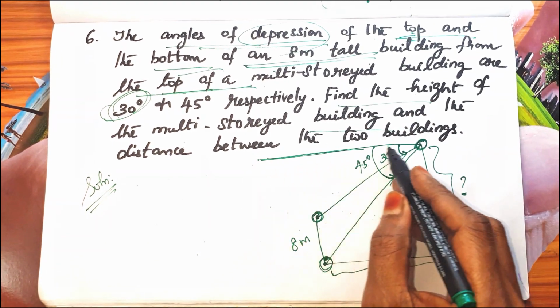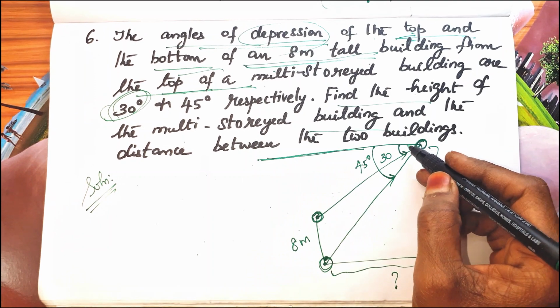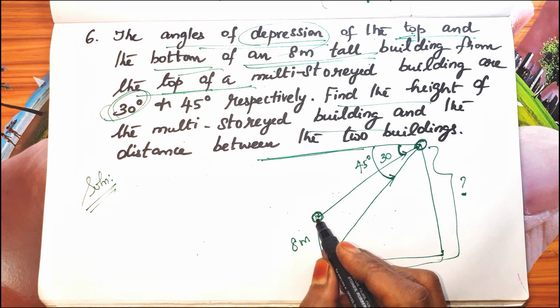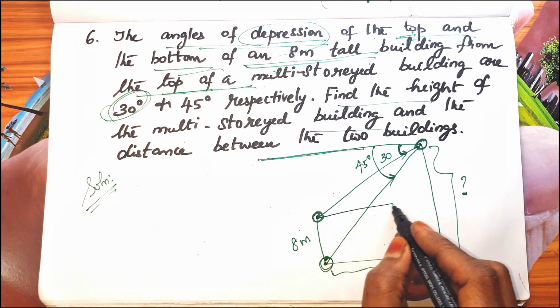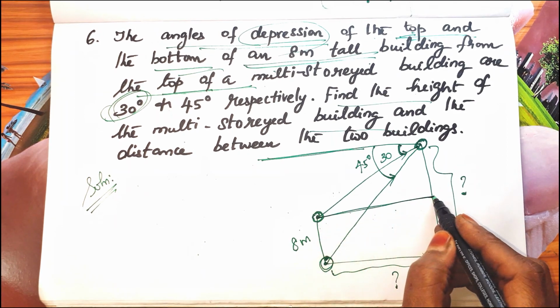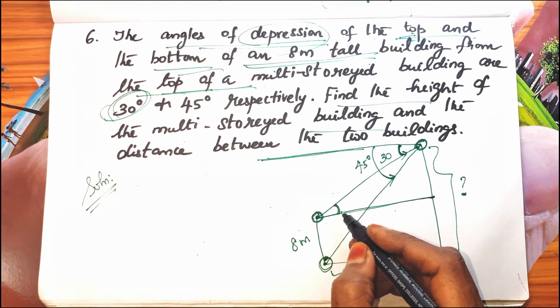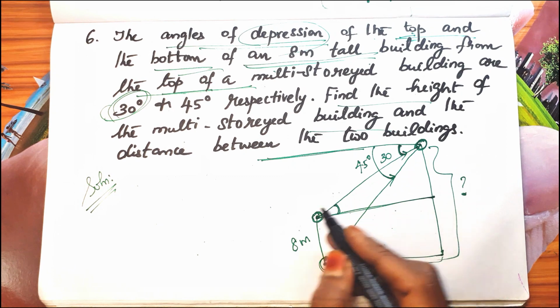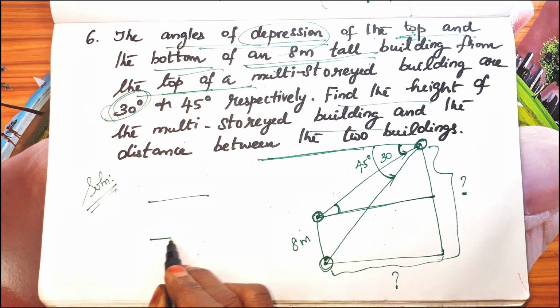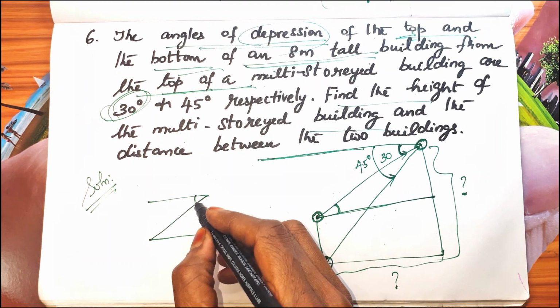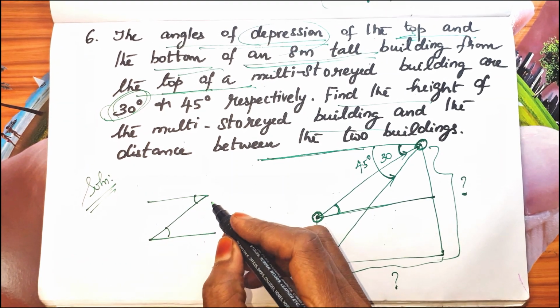This angle is 30. And here, one minute, I'll put one horizontal line. This angle and this angle are equal. These are alternate angles. For example, if we have two parallel lines, this and this are equal.